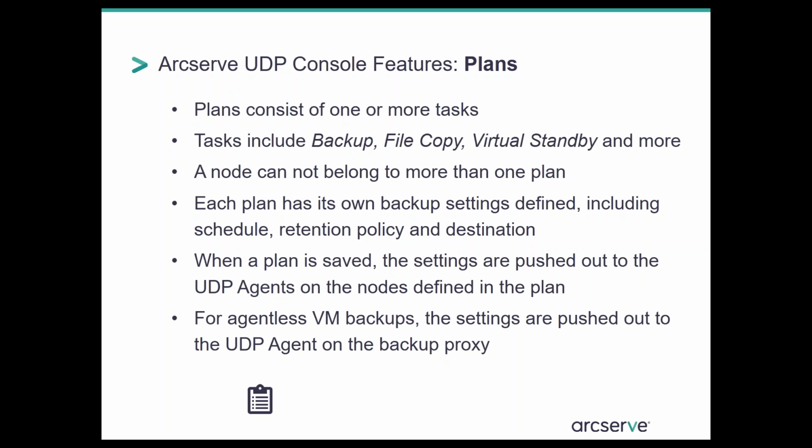When we create a plan, we assign nodes into that plan, and a node cannot belong to more than one plan at a time. So if you want to do a backup and then a copy recovery point and then a virtual standby, you can do all of that within the one plan, and you just set them up as tasks to be performed within the one plan.